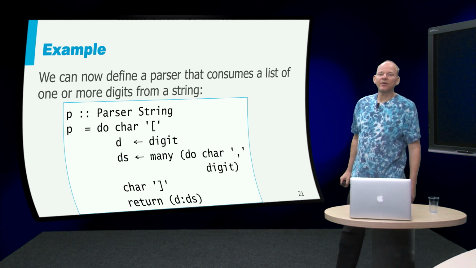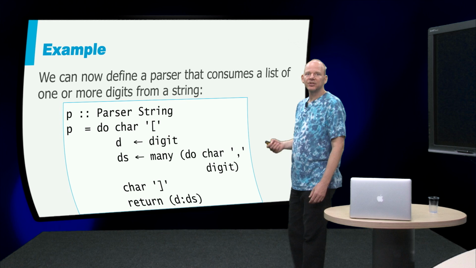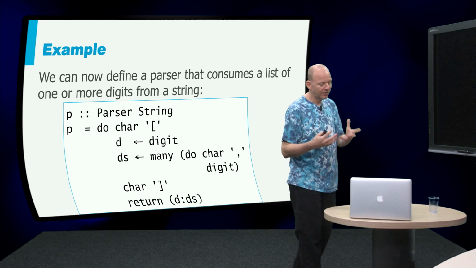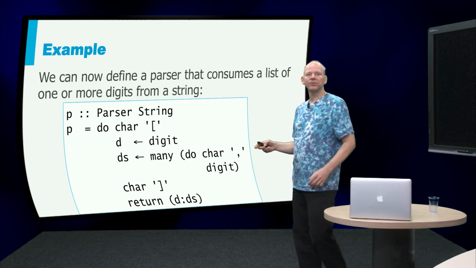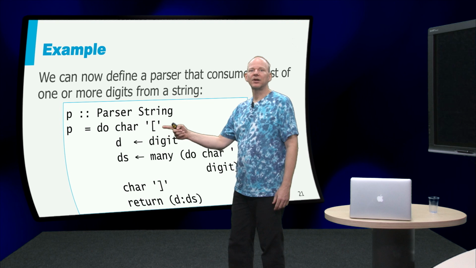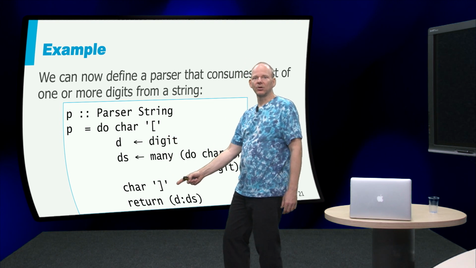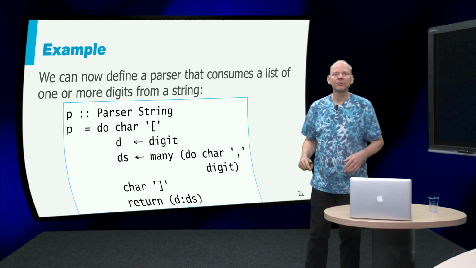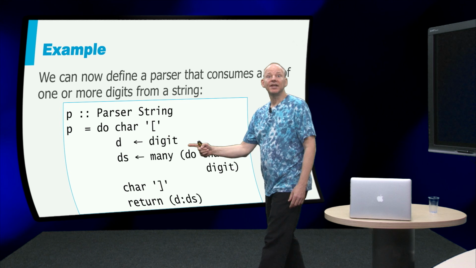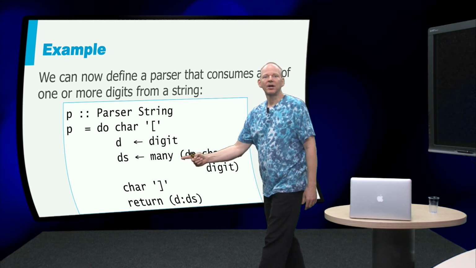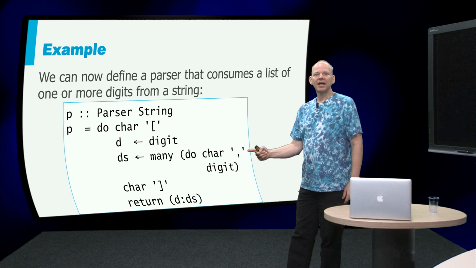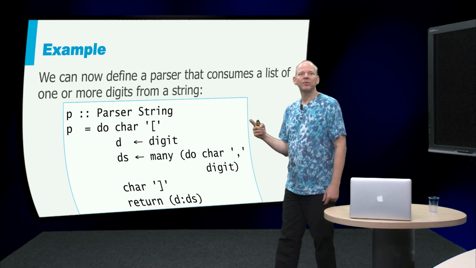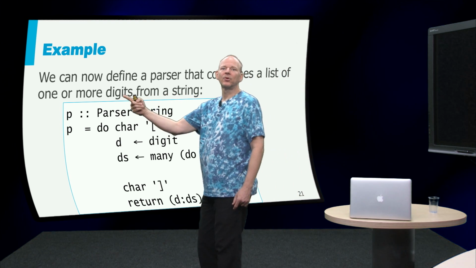Good. So now we can define a parser that consumes a list of one or more digits from a string. So this is starting to become more like parsing an actual language. What we do is we want to parse a list, so we have to parse an open brace and a closed brace. We're not interested in those values, so you don't see a left arrow there. Then we're trying to parse a digit, and then we're trying to parse many comma, digit pairs, because we want to have a list of one or more digits.